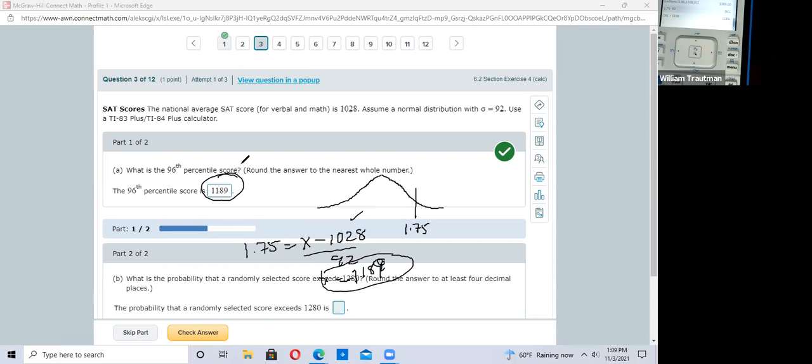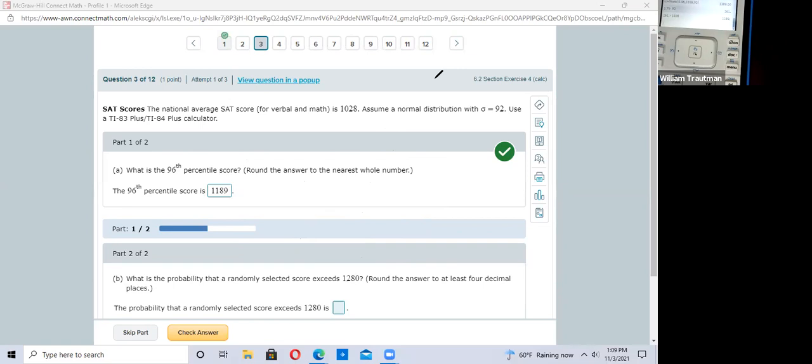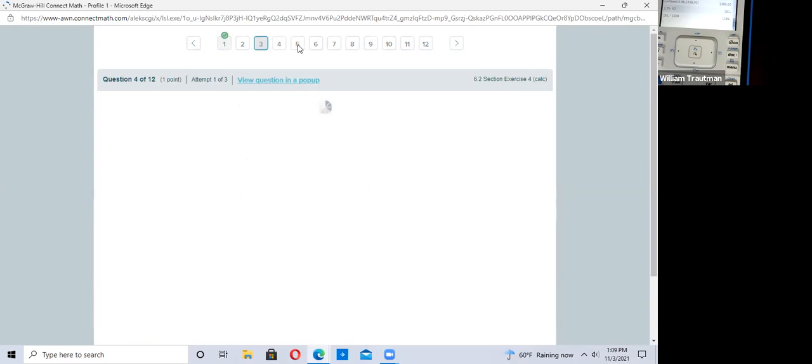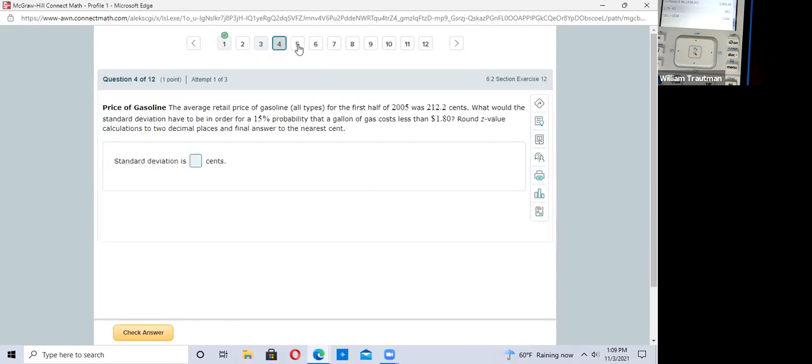All right, this is a tough section. I think it's tough because you have to draw these to get it correct. Let me just look through a couple more questions. I don't really want to do them all.